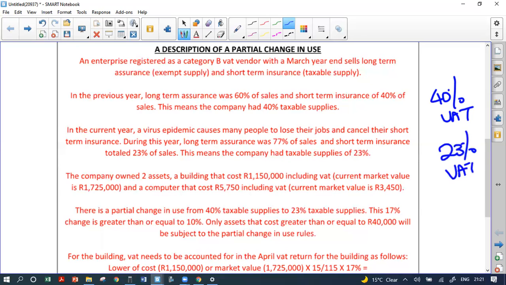It says the company owned two assets, a building that cost 1,150,000, including VAT. Current market value is 1,725,000, and a computer that cost 5,750, including VAT. There's a partial change in use from 40% to 23%, 17% movement.